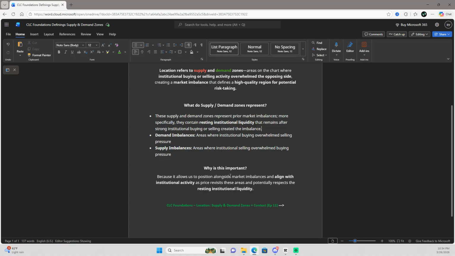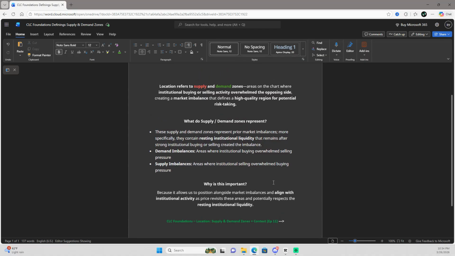And so the reason that this is important is because we can then align with that institutional activity and that liquidity that's still sitting there as price pulls back into it for a potential opportunity to take the market long in demand and short at supply. So that is the whole concept of supply and demand zones.